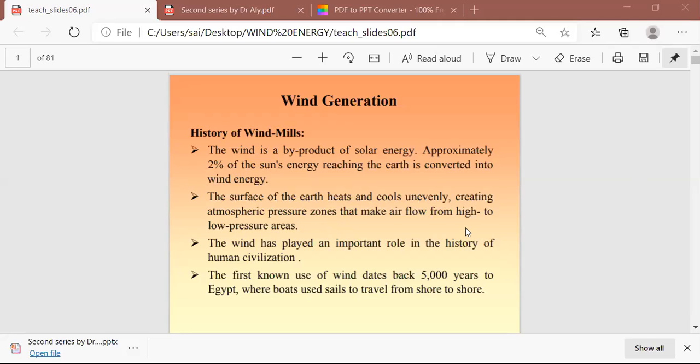Unevenly means somewhere it is heated in a large amount and somewhere in a small amount. The temperature gradient has a variation. So the earth's surface heats unevenly, creating atmospheric pressure zones.